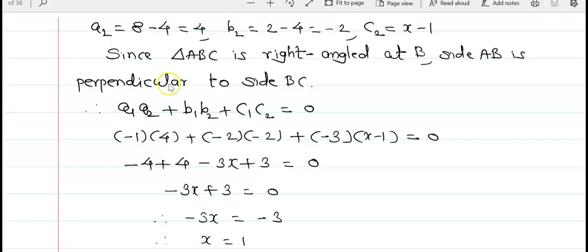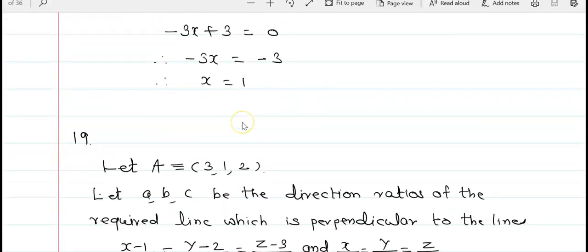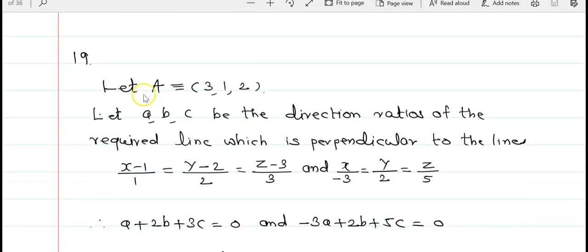Now see this again here. This is the point A (3, 1, 2). a, b, c are the direction ratios of the required line perpendicular to these lines.